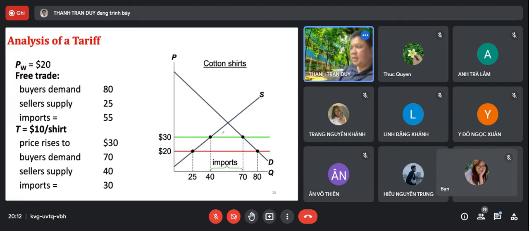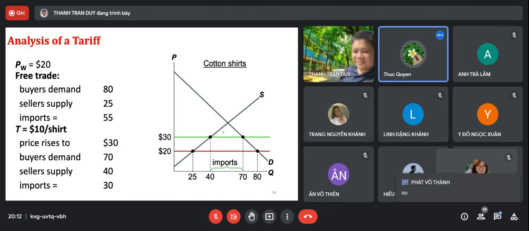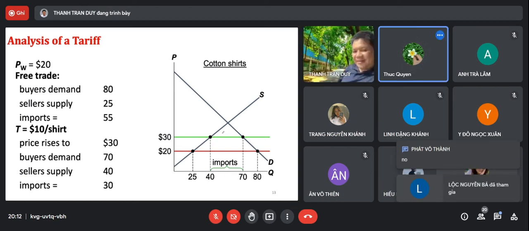Is it good or bad? Look at the consumer's point of view. As a local consumer, do you like this tariff? Yes or no? No. Why do you say no? Because the price is higher.